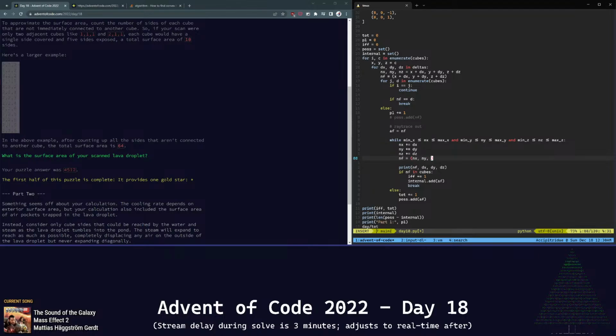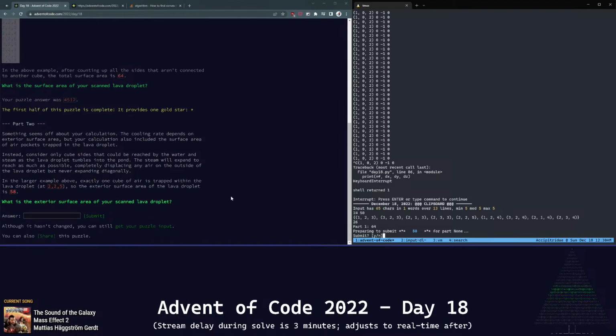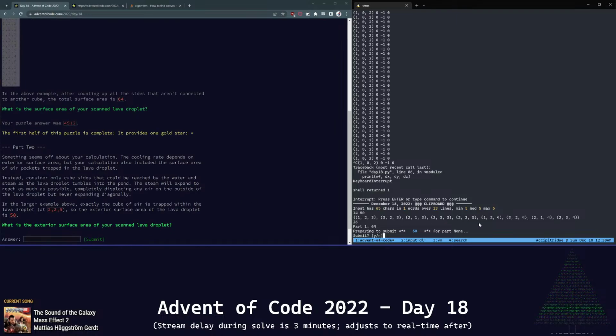And X and Y and Z. Okay. So we are definitely undershooting. We do see 225 as a possibility here.